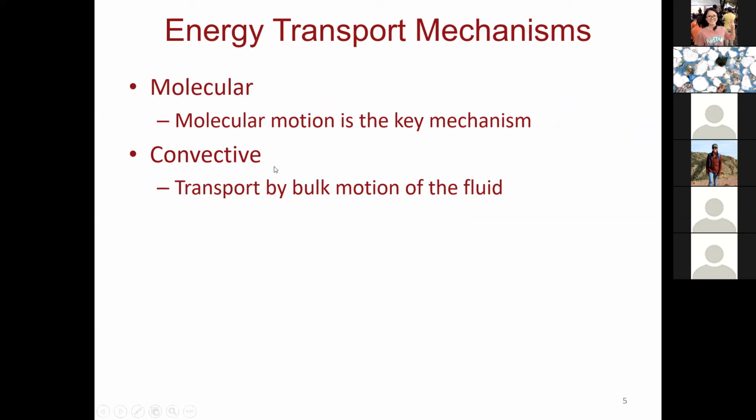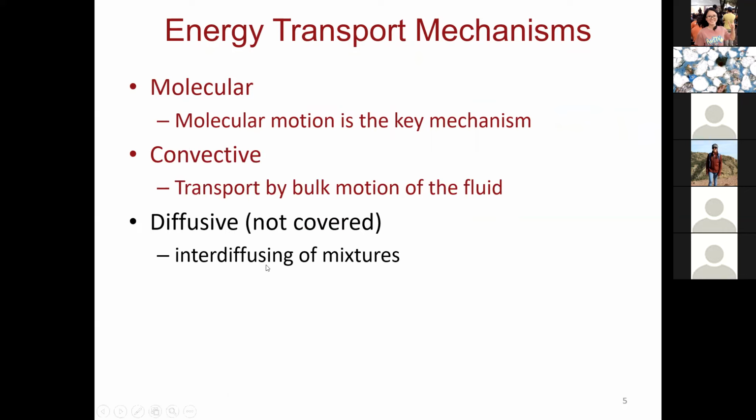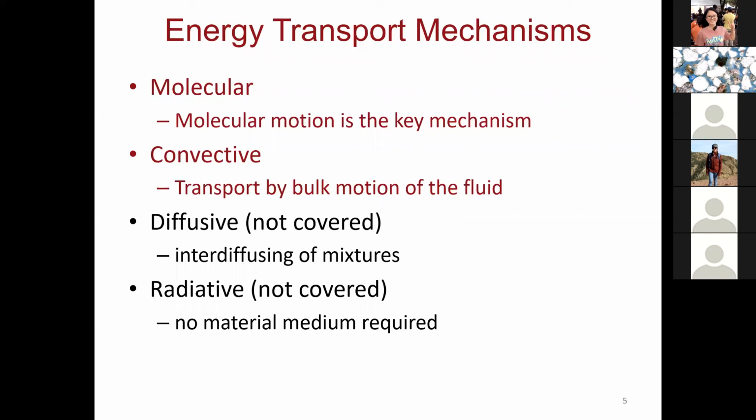So what this really results in is that we need to know my velocity distribution for the fluid in order to take this into account, which is why we discussed momentum balances first. And we're not going to go into diffusive transport, where I have interdiffusing of different mixtures that could potentially have different temperatures, because this would involve mass transport, which we haven't covered.